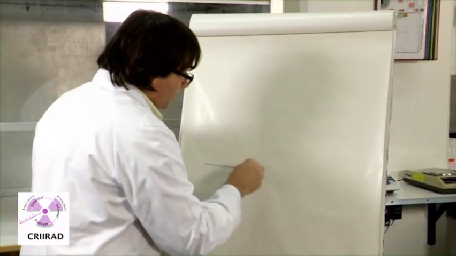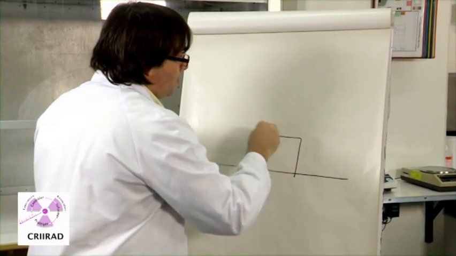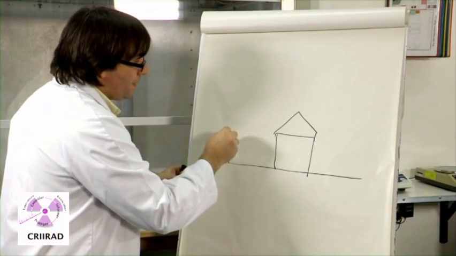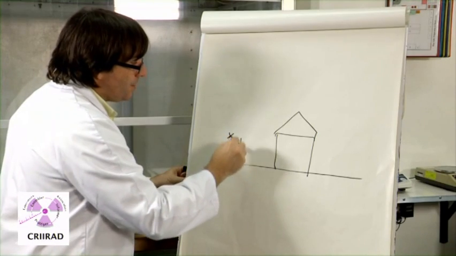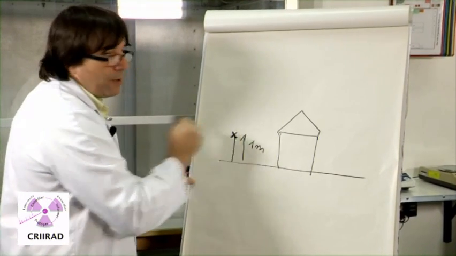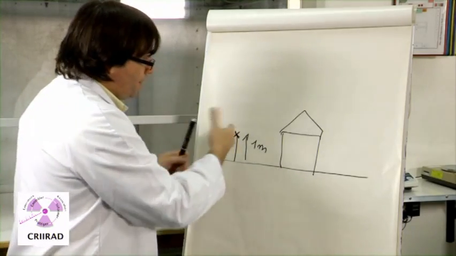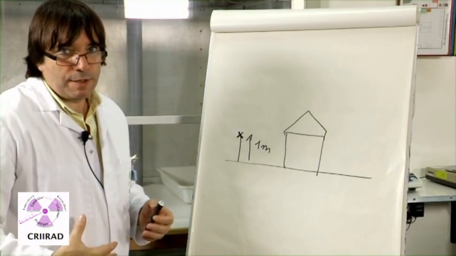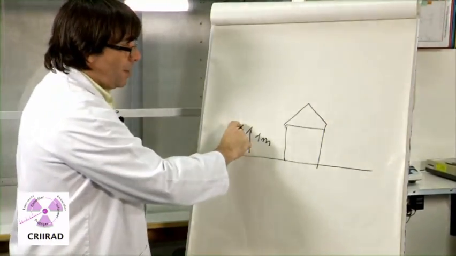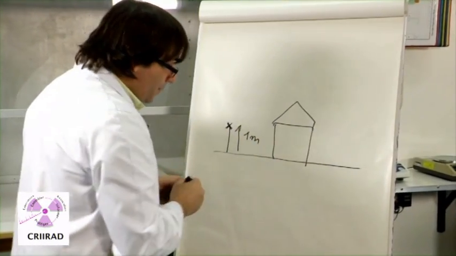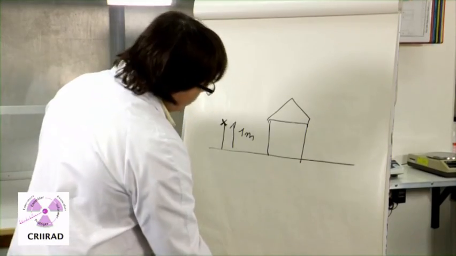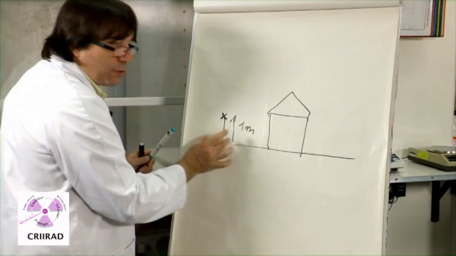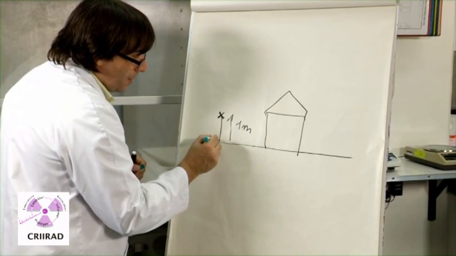Usually, if you want to check radiation in your environment, it's important to measure the radiation at approximately 1 meter above ground, because people are usually standing up and the dose that they receive is usually calculated 1 meter above ground.